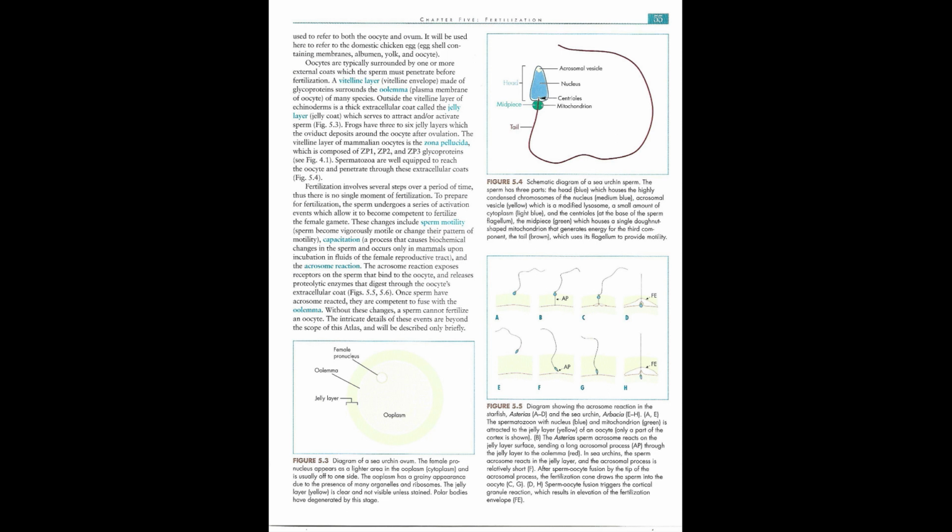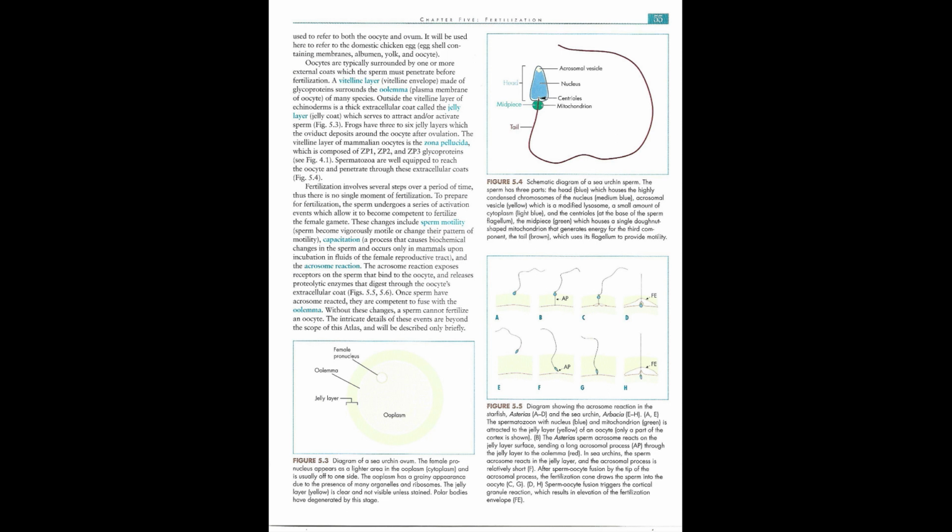Frogs have 3 to 6 jelly layers which the oviduct deposits around the oocyte after ovulation. The vitellin layer of mammalian oocytes is the zona pellucida, which is composed of ZP1, ZP2, and ZP3 glycoproteins, see Fig 4.1. Spermatozoa are well equipped to reach the oocyte and penetrate through these extracellular coats, Fig 5.4.